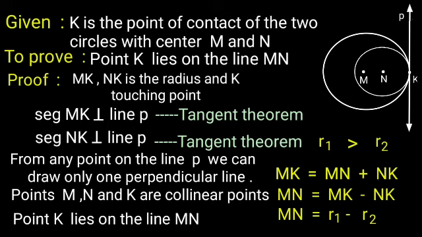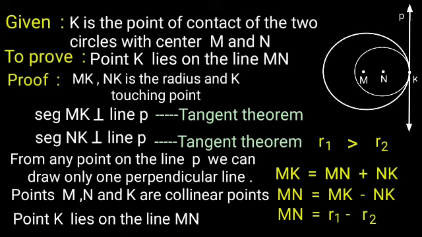Segment MK is perpendicular to the line P. The reason is the tangent theorem. Segment NK is perpendicular to line P. The reason is the tangent theorem. From any point on the line P, we can draw only one perpendicular line.